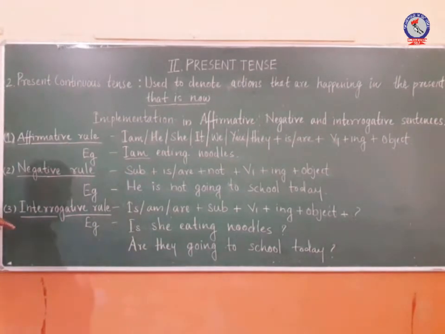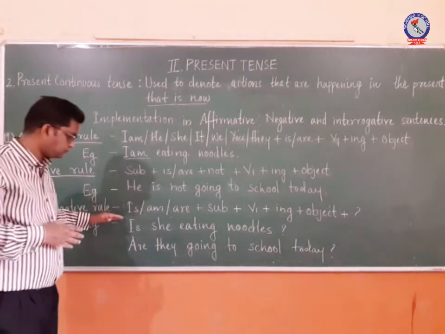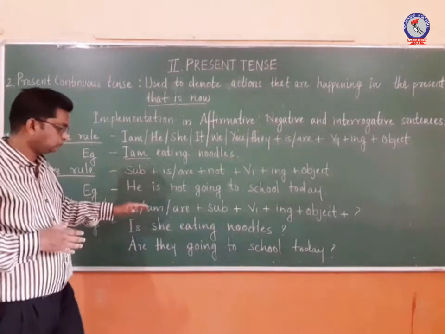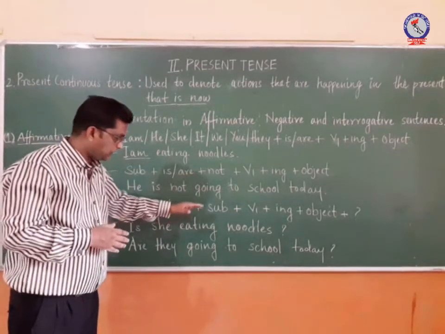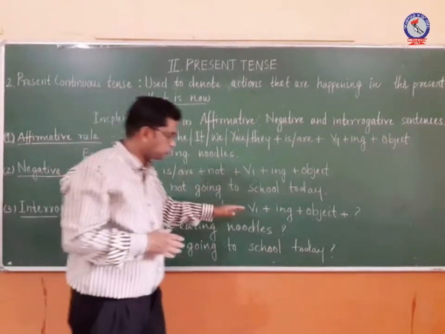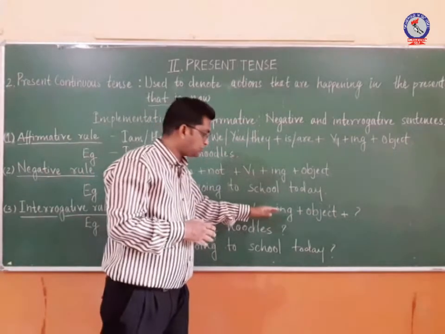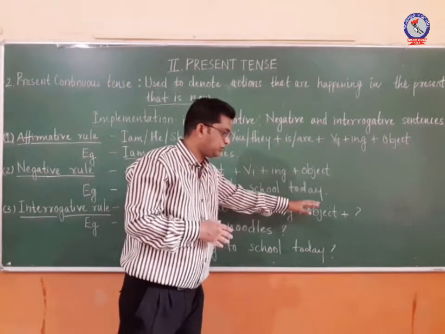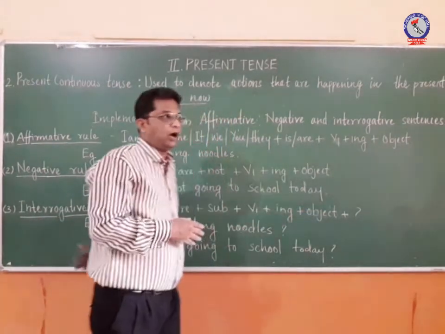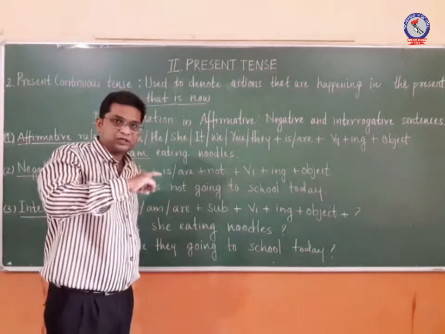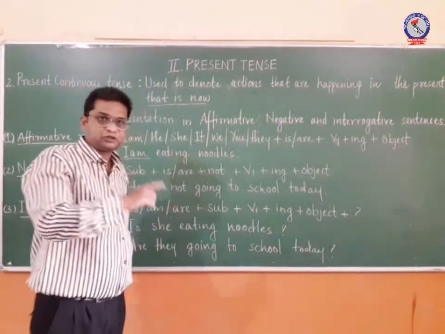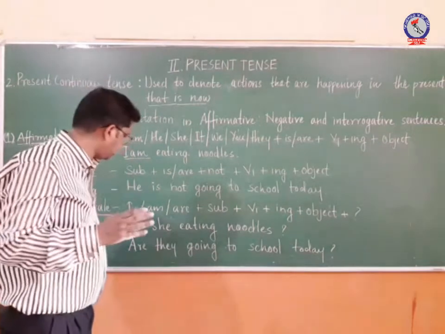Now see the interrogative rule by which we can frame an interrogative sentence: am, is, are plus subject plus V1 plus ing plus object plus question mark. Again that same concept of first person, second person and third person.